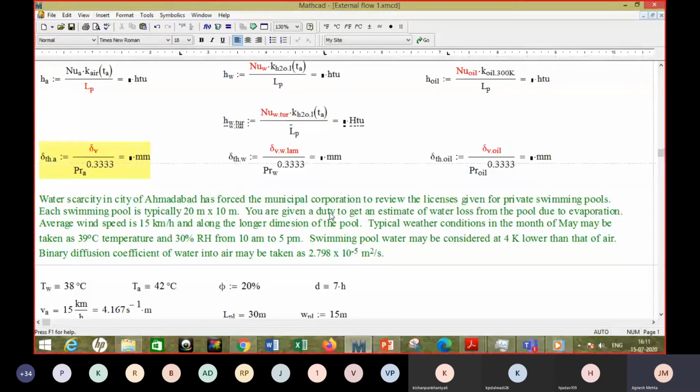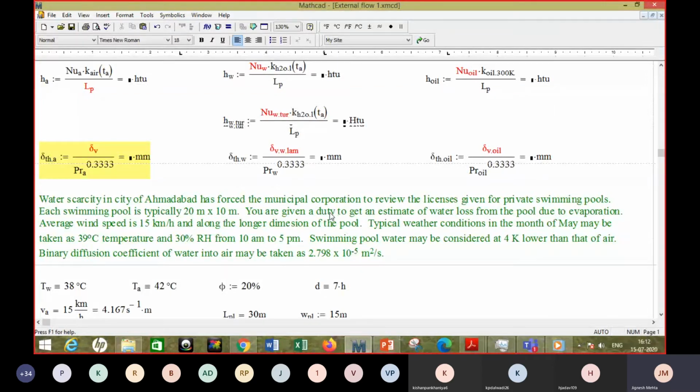But here you are going to find not the Nusselt number but the Sherwood number. The Sherwood number is the equivalent of the Nusselt number in mass transfer, and a similar correlation can be used to get it. From the Sherwood number you can get the mass transfer coefficient.